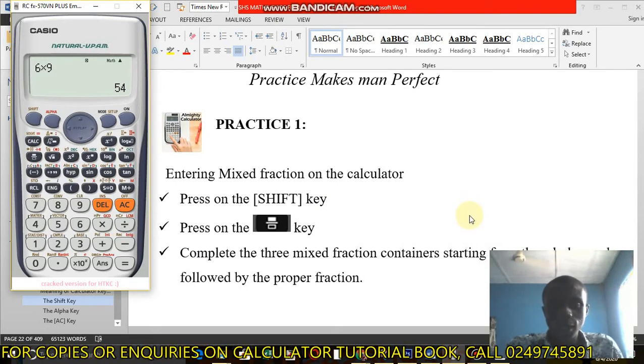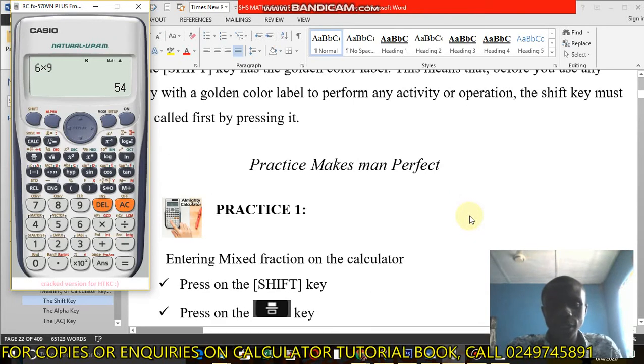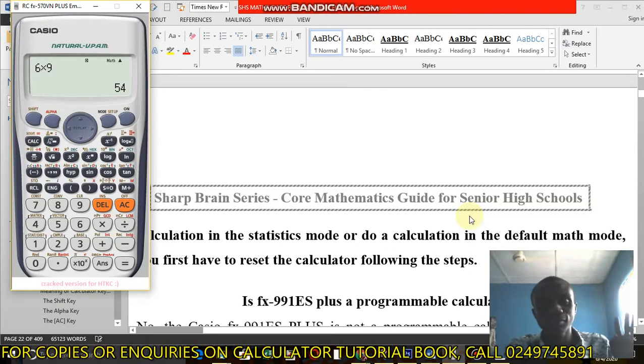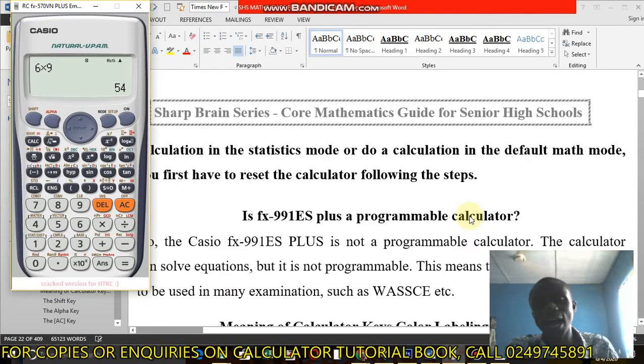In our previous tutorial, we were able to reset our calculator from the default mode of the calculator to any other mode. The default mode of the calculator is the screen that you see in the simulator beside the book.